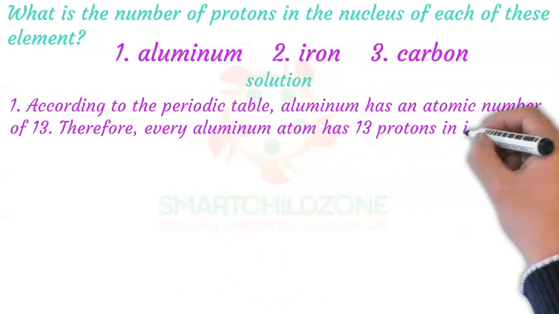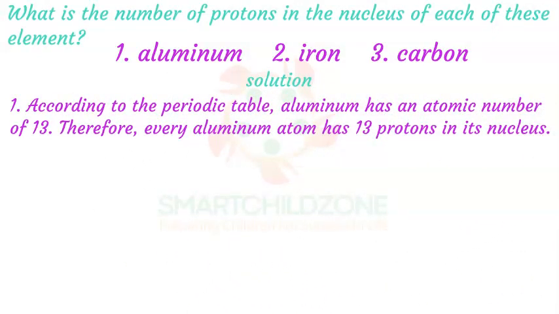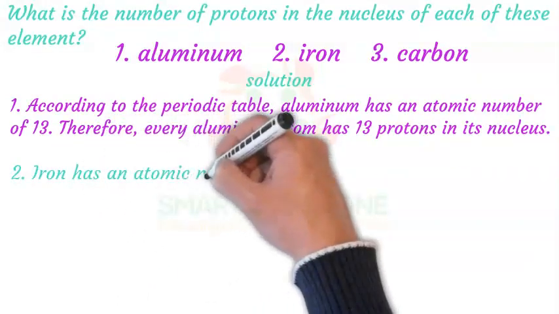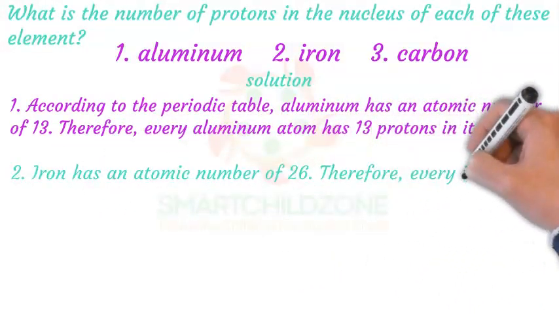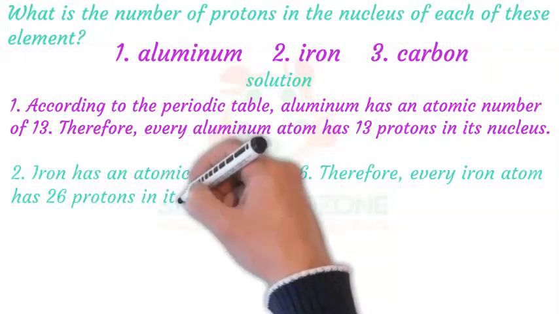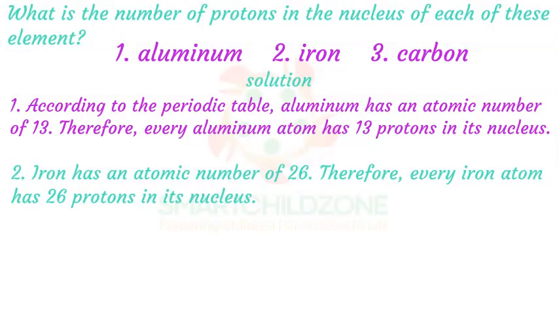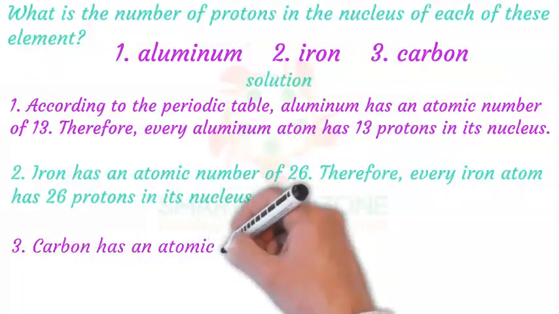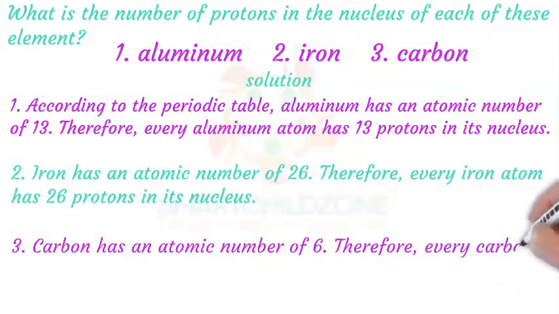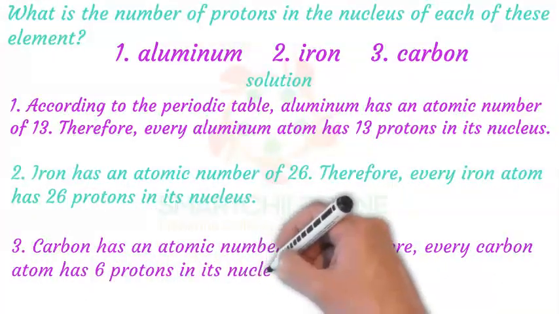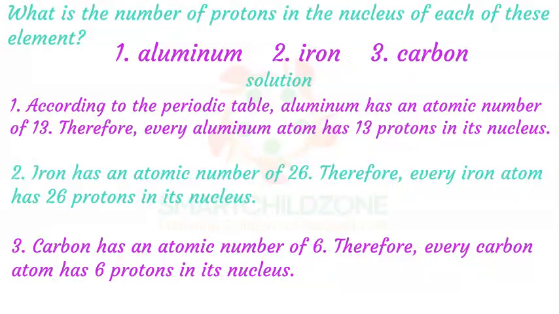Therefore, every aluminum atom has 13 protons in its nucleus. Iron has an atomic number of 26. Therefore, every iron atom has 26 protons in its nucleus. Carbon has an atomic number of 6. Therefore, every carbon atom has 6 protons in its nucleus.